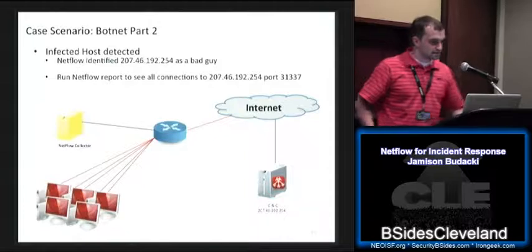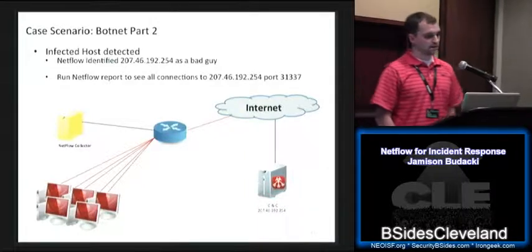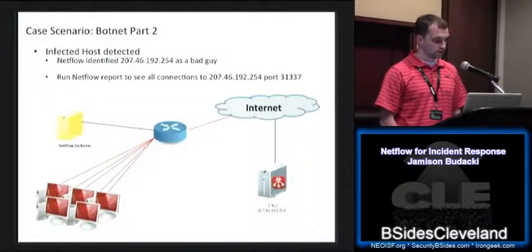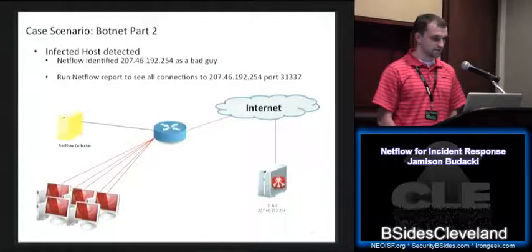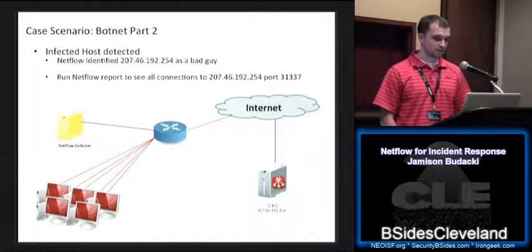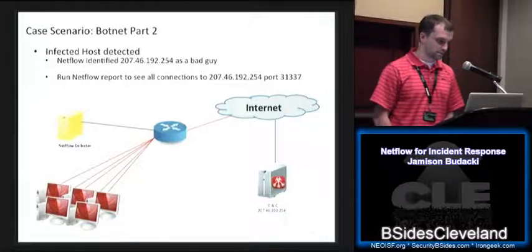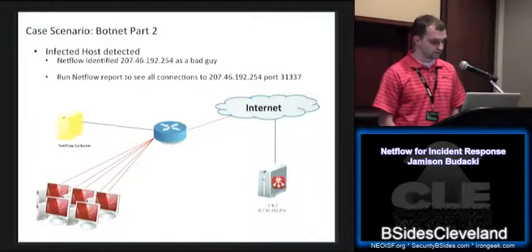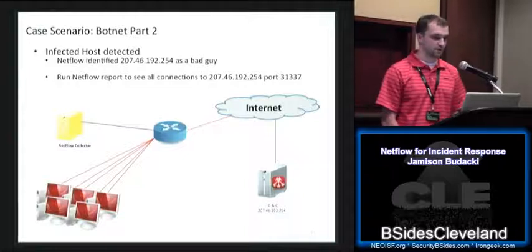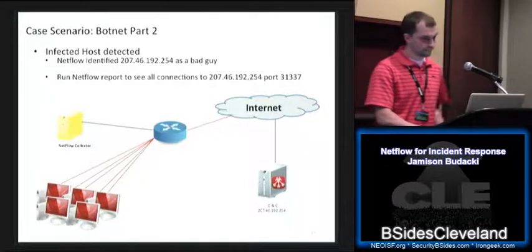Part 2 of that is, since we identified the command and control server as a bad guy, we're going to want to run a NetFlow report to see all the connections that are outbound from your organization to the command and control server over a specific port. This is very helpful in finding other compromised hosts on your network and helps you to reduce the mean time to know about any other incidents.